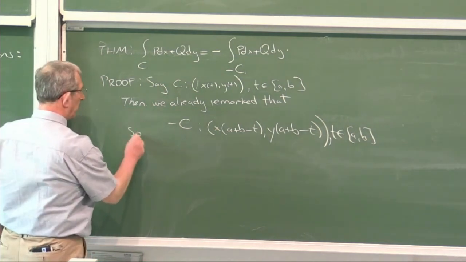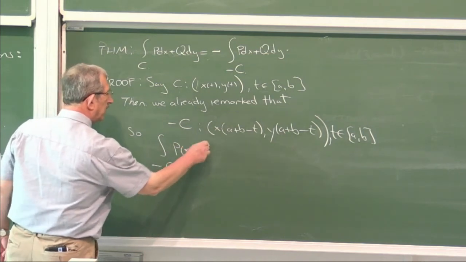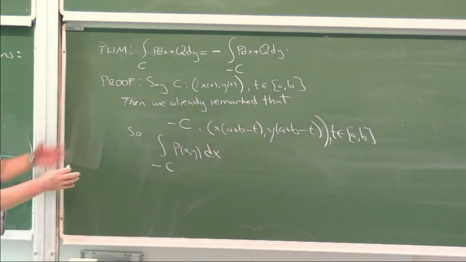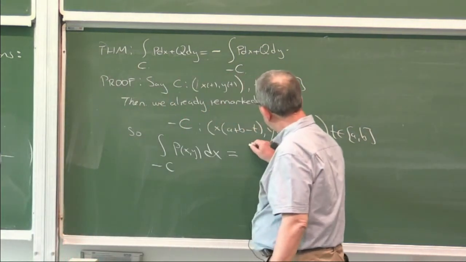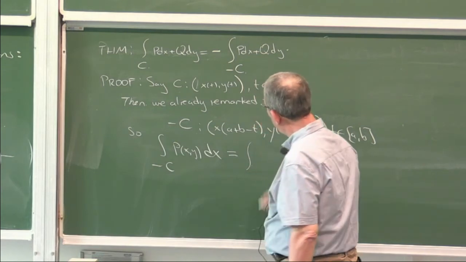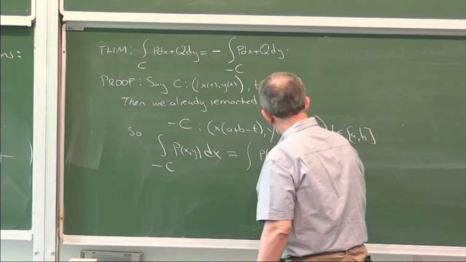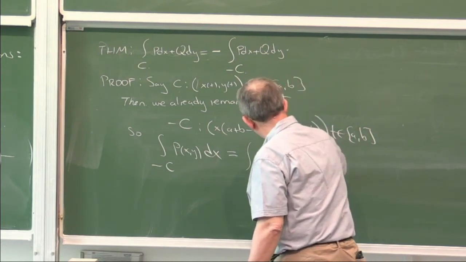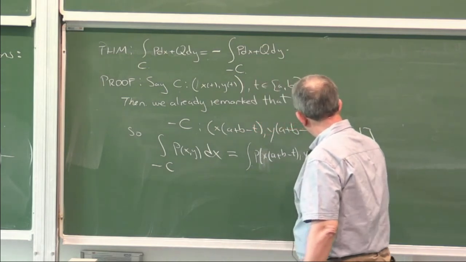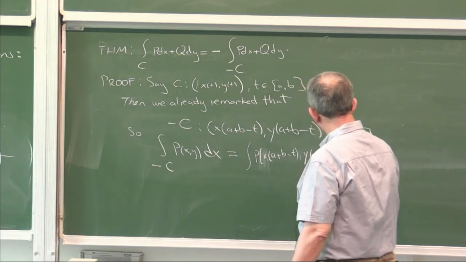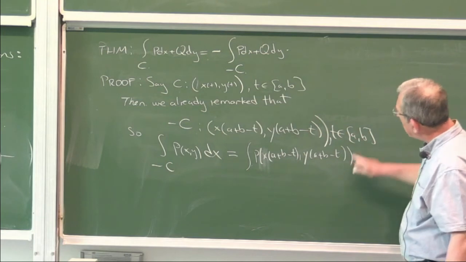So the integral over -C of p(x,y) dx, let me just take the dx part, the dy part is similar, would be the integral of p of x of A plus B minus t and y of A plus B minus t, because this is the parametrization, and dx.